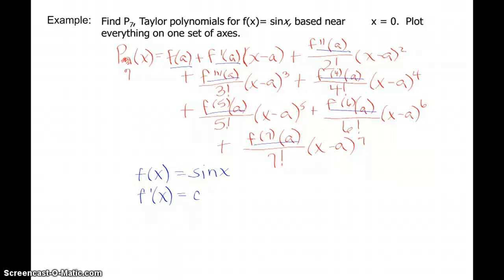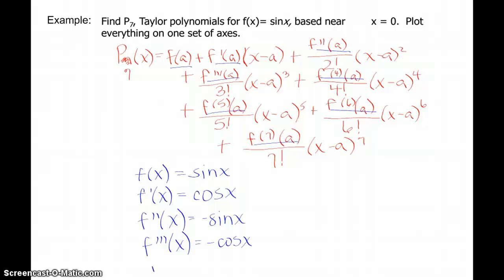So if our function f of x is sine of x, the first derivative is positive cosine. The second derivative is negative sine. The third derivative is negative cosine. The fourth derivative is positive sine. And now we're back in our loop.